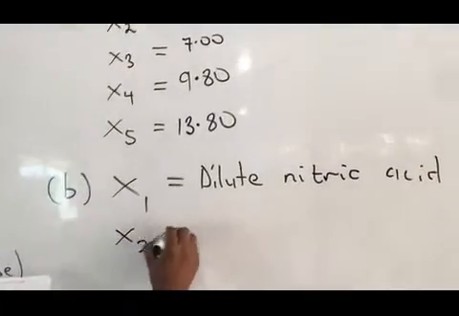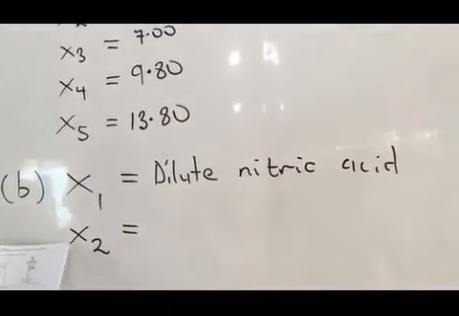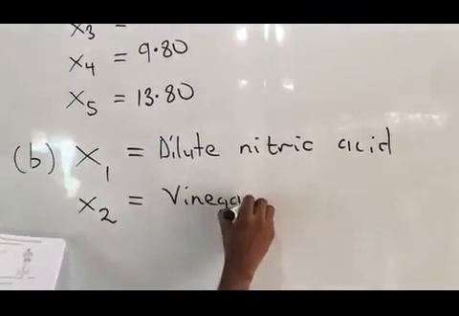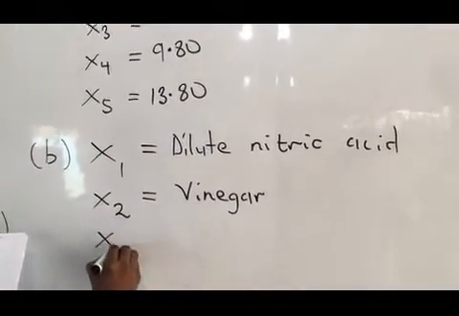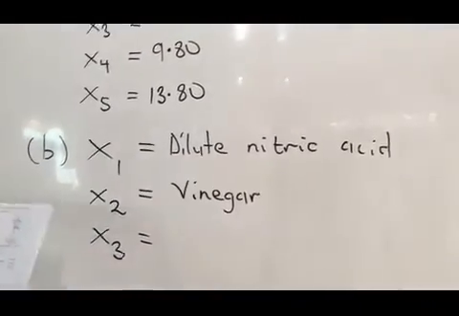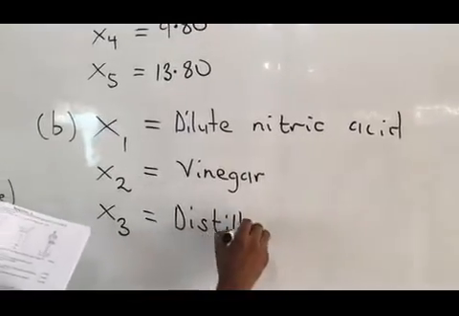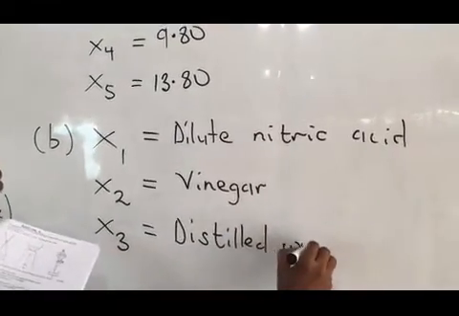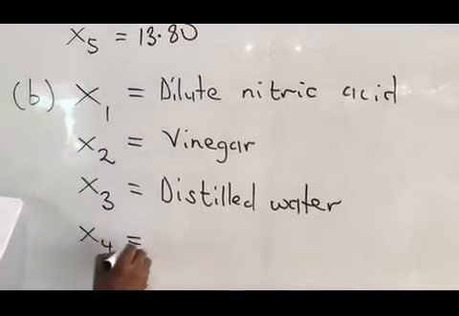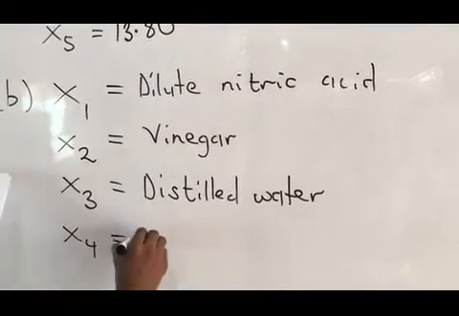Your X2. The X2 value shows a weak acid, and the weak acid there is vinegar. X3. The value of X3 indicates a neutral solution. The neutral solution there is distilled water. X4 indicates a weak base, and the weak base there is the ammonia solution.